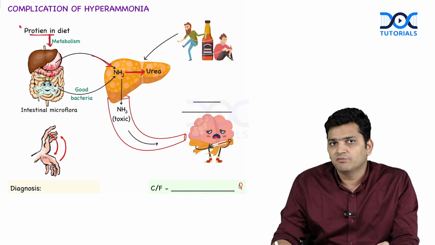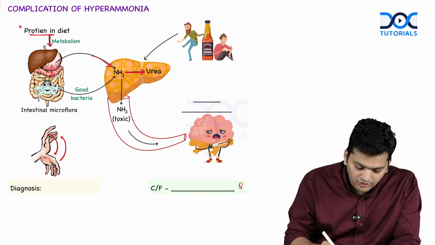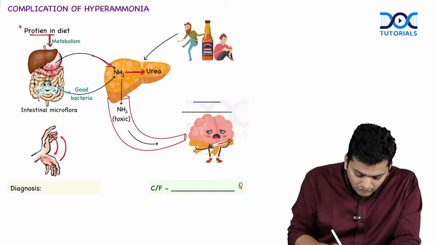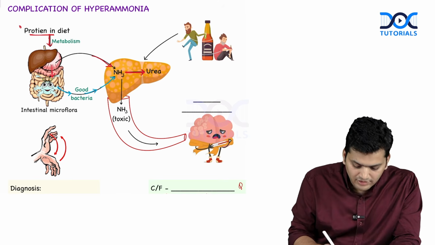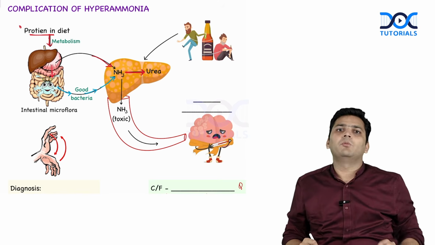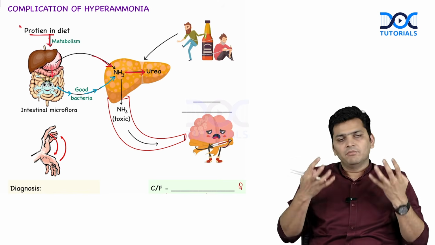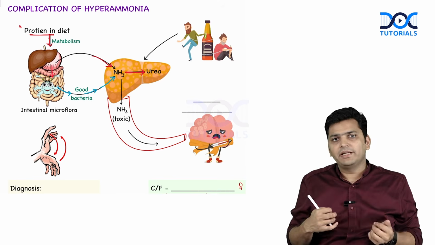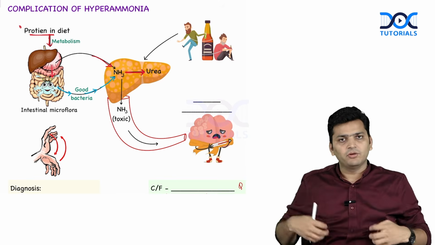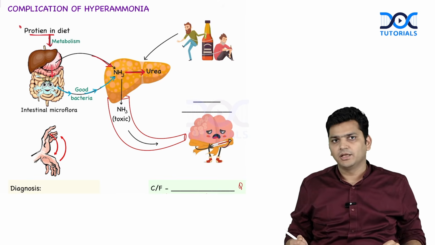There is one more place from where the ammonia is coming. It is from the commensal bacteria, the good bacteria which live in your intestine. They also generate ammonia. So actually there are 2 sources of ammonia we have. The protein which you are eating in the diet is generating ammonia, and your intestinal bacteria are also generating ammonia.